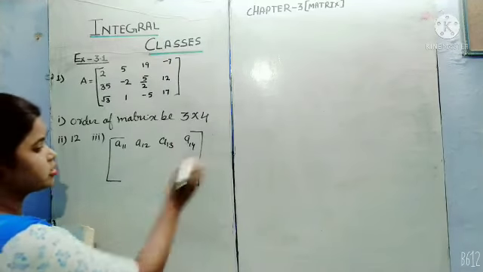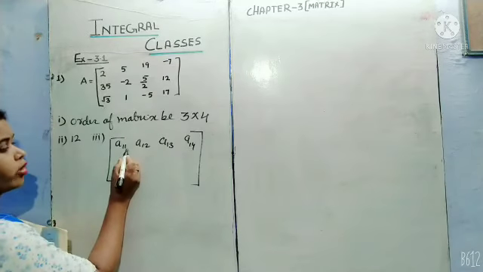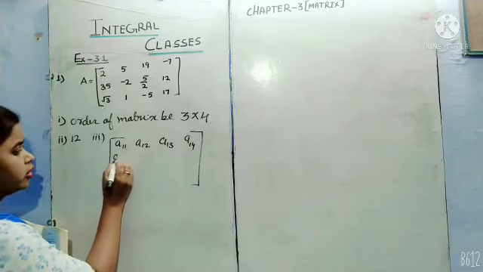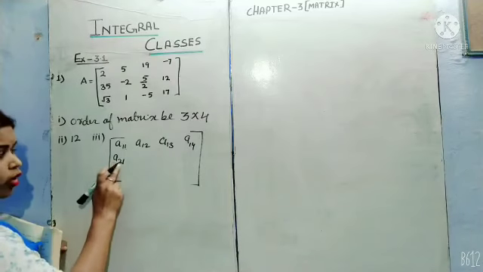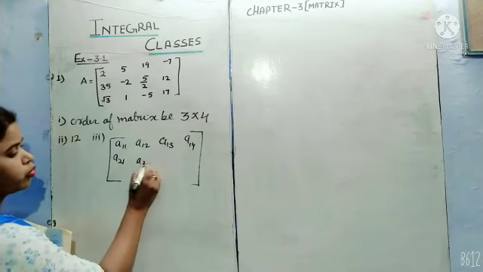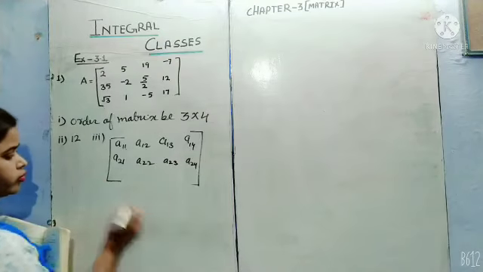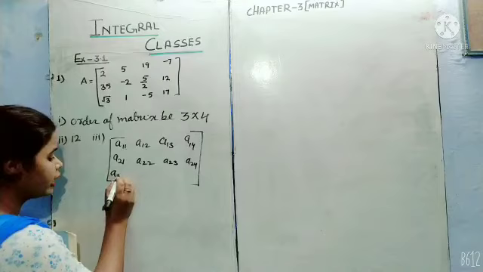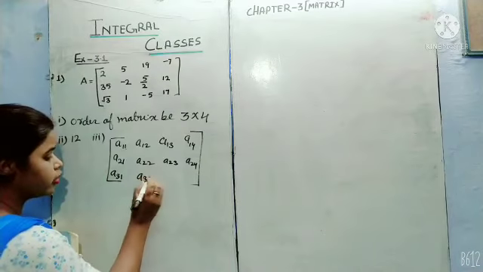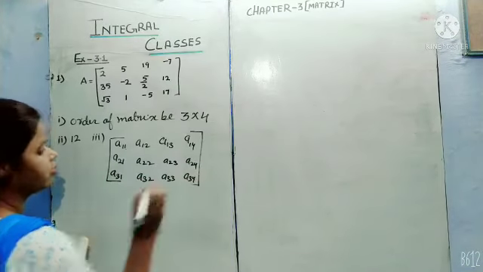This is the first row. First number is for the row and second number for the column. Now the second row is A21, because it is the second row and first column, then A22, A23 and A24. For the third row, A31, A32, A33 and A34.